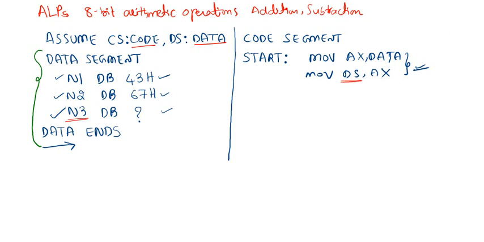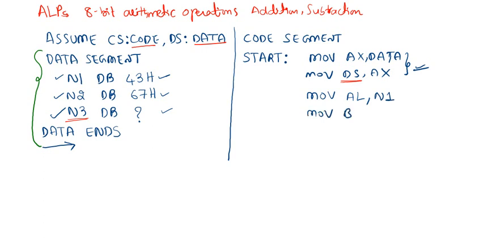Now let us load the variable number 1 to AL. Why am I using AL? Because it is an 8-bit number, so you need only a byte register. So mov AL, n1: n1 will be loaded to AL.